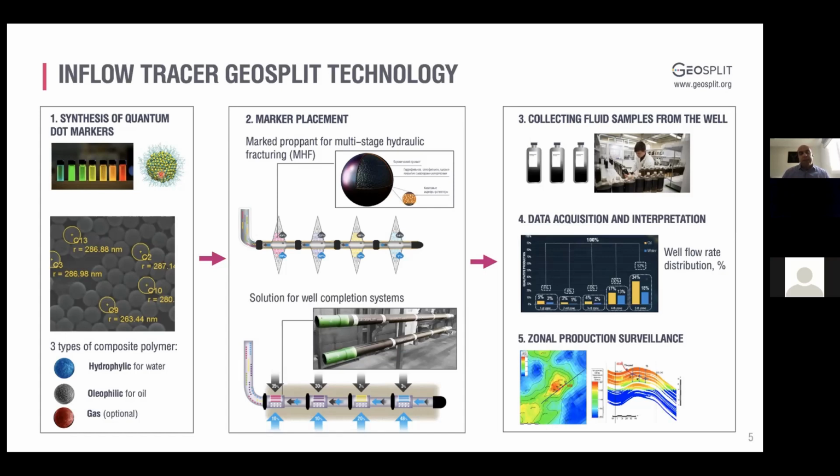The key feature we use is that when they are exposed to a certain electromagnetic wave or laser light, they emit a very distinct electromagnetic spectrum, or an array of colors, which we can see with the naked eye when you have highly concentrated quantum dot samples. This allows us to create a substantial number of unique signatures. Today, we commercially offer 63 different signatures for each fluid phase: oil, water, and gas.